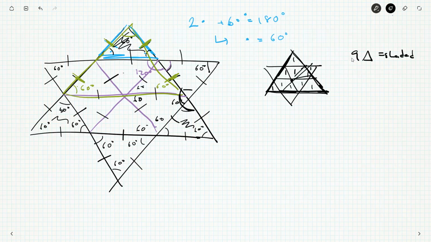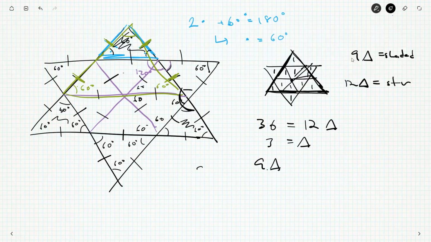And then we have 1, 2, 3 more, so 12 triangles is the total star. Now they told us the star has an area of 36. And so each triangle must have an area of 3. So the shaded area, which is 9 triangles, must be 9 times 3, or 27.